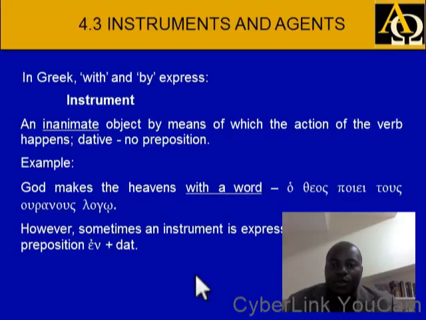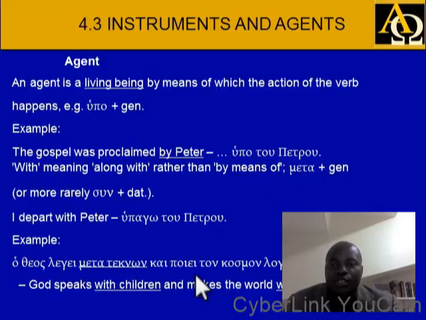God makes the heavens with a word. So logo, ouranon, and logo is in dative. Okay. Agent. An agent is a living being by means of which the action of the verb happens. So hupo plus genitive. The gospel was proclaimed by Peter. Hupo tou Petrou.